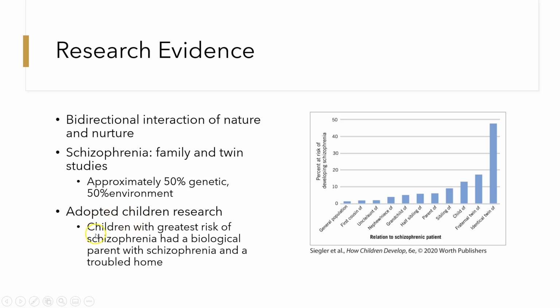What they find is that children who have the greatest risk of developing schizophrenia had a biological parent who was diagnosed with schizophrenia, so they have that biological risk, and a troubled home that they were adopted into. That's the environmental part. Again, this gives us the idea of the interplay between nature and nurture.